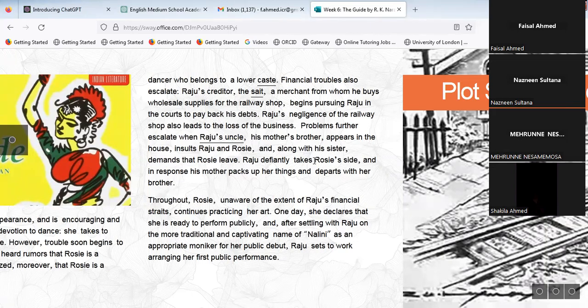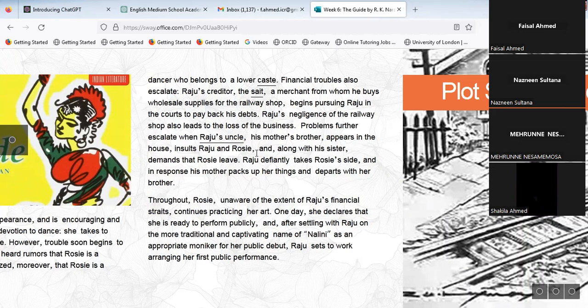Raju actually borrowed lots of money from a creditor, and now he is in a financial crisis, in trouble, because Raju's creditor, the sage, a merchant, actually sued a case against Raju, okay, to pay back the debt. So Raju's negligence of the railway shop also leads to the loss of the business.